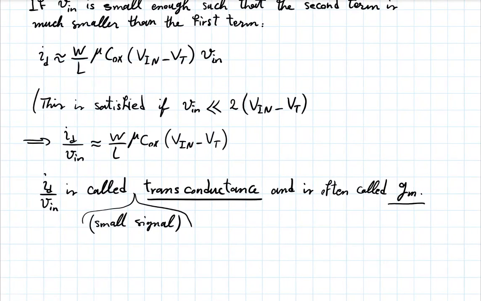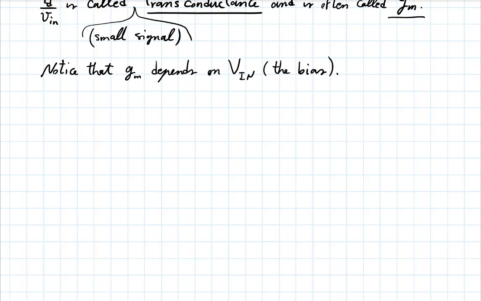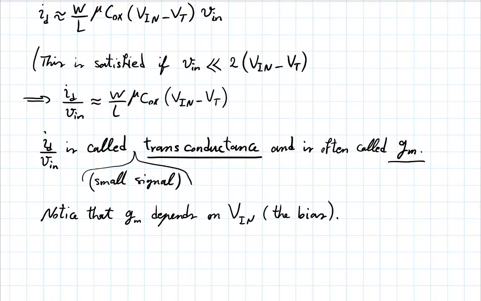The GM for a MOSFET, it has these parameters. And you notice that it does depend on capital V sub capital N. That means it does depend on the bias point. Okay? So when you talk about the transconductance and small signal gain in an amplifier, you have to talk about around which point.